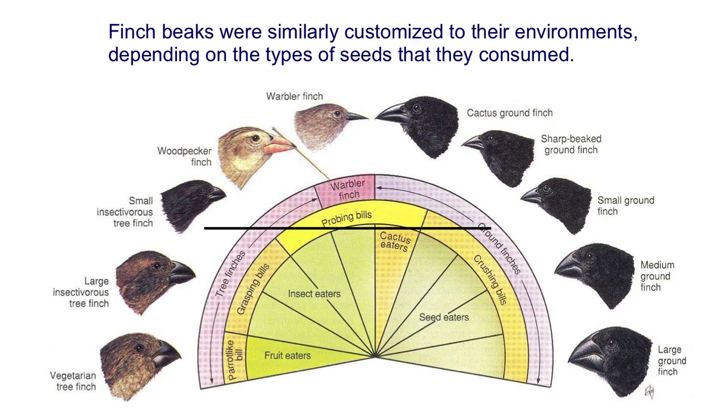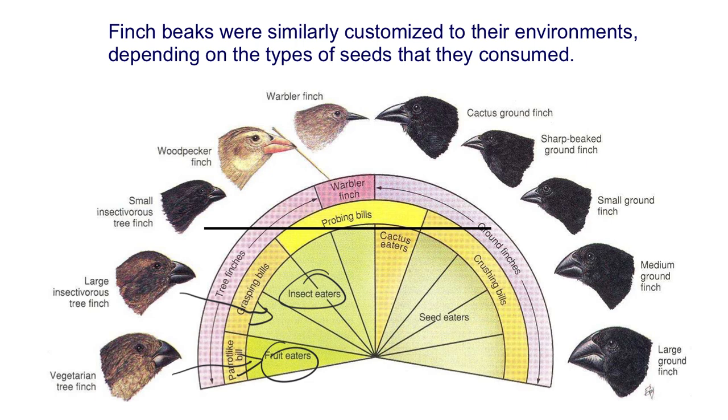So here's a picture of some of the different species of finches, and you can see that the type of beak depends on what kind of food they specialized on eating. So it's pretty cool that he observed all this.